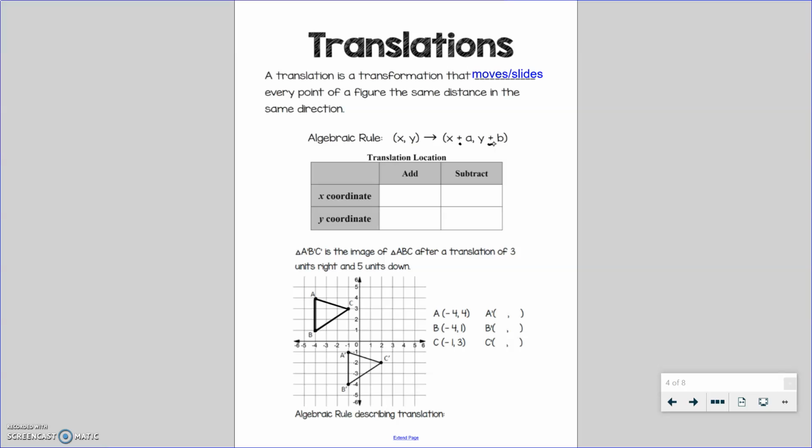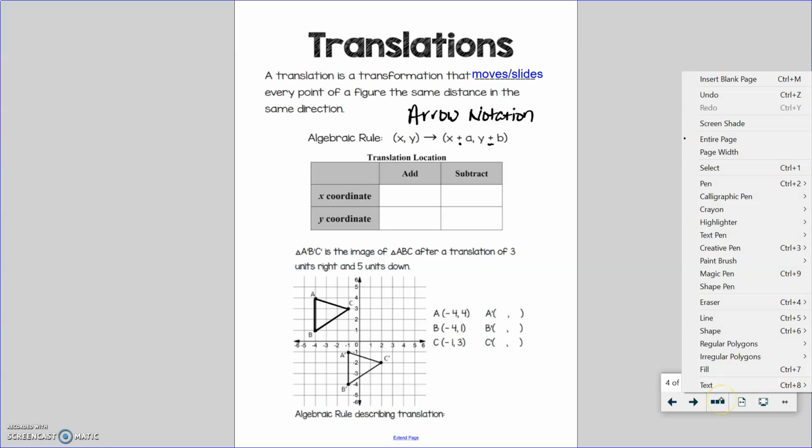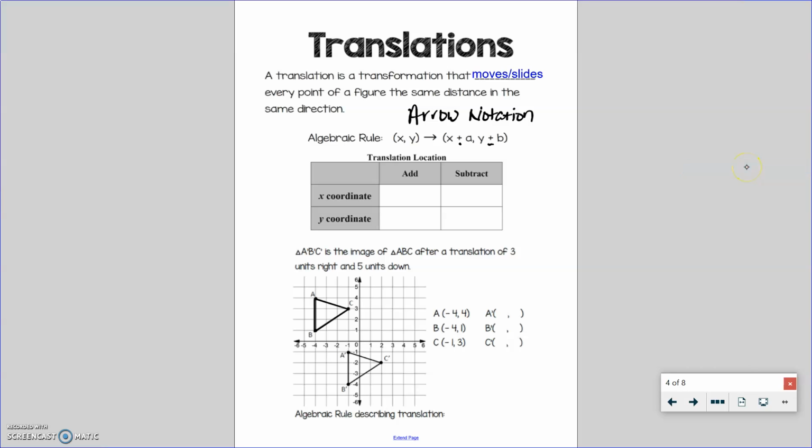Okay, so our algebraic rule, this is called arrow notation. Okay, so I'm either adding or subtracting in order to move and slide my pre-image.